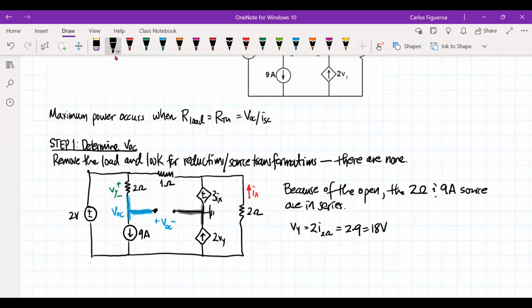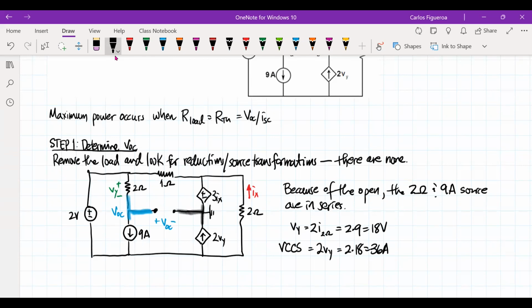So if I look at where Vy is, look at the current-controlled voltage source. No, wait, that's a voltage-controlled current source. So I have a voltage-controlled current source, which is 2Vy, then this becomes 2 times 18, which is now 36 amps.